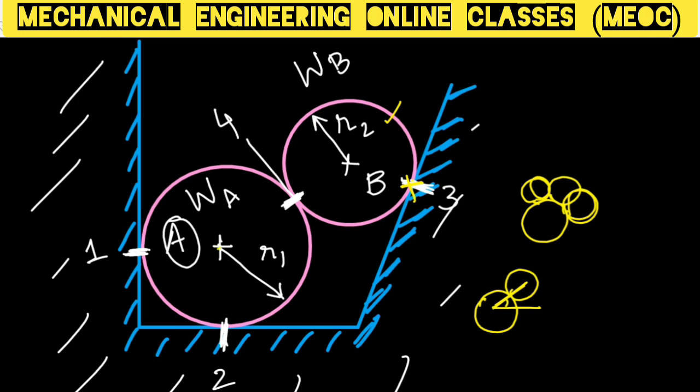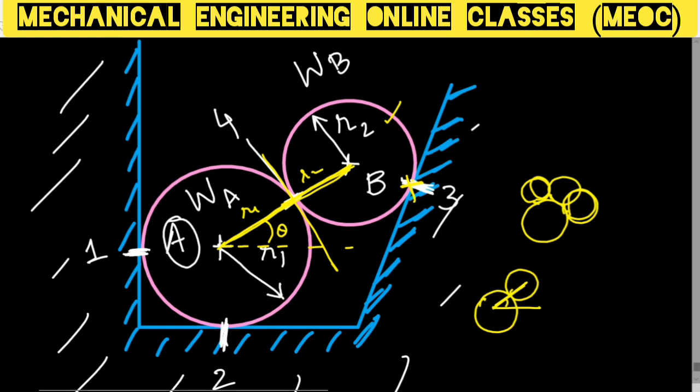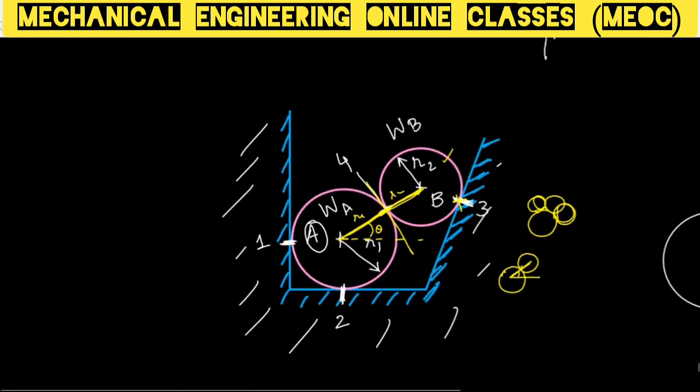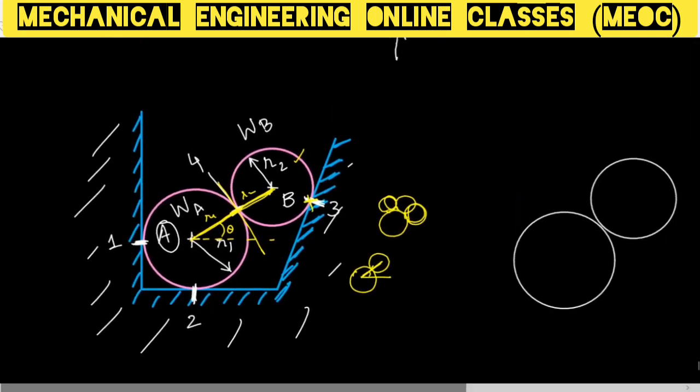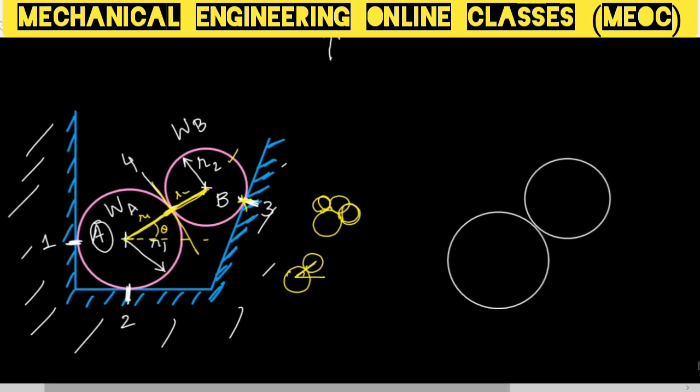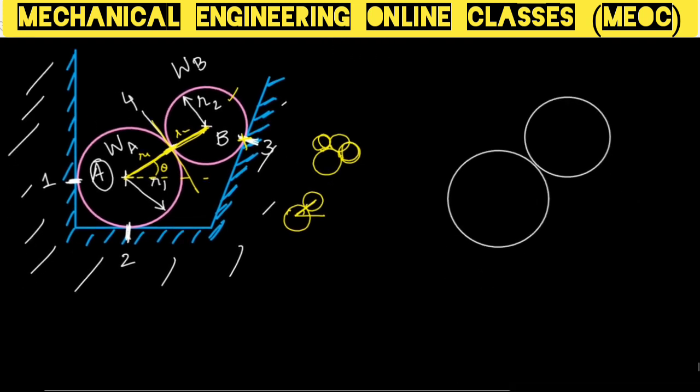If I want to draw the common normal to both of them, this is the common tangent. So their radii, R1 plus R2, are exactly at an angle with respect to horizontal. I have to take care of that, because this is the first and foremost important point, that all the dimensions, all the angles and all the directions must be properly taken care of.